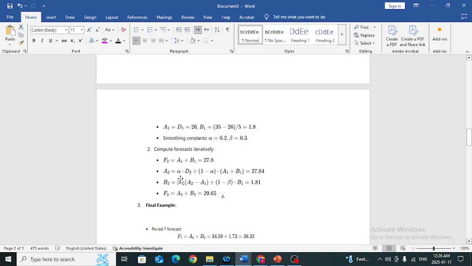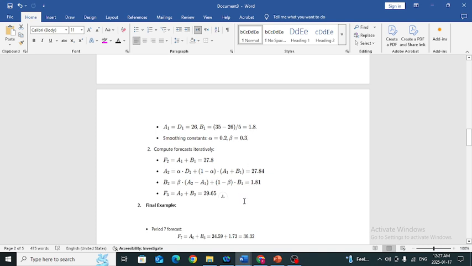And A2 is alpha multiplied by D2 plus 1 minus alpha multiplied by A1 plus B1, which is equal to 27.84. And for B2, using the formula, we arrive at 1.85. Previously we used the first data and the last data and divided by the 5 times.